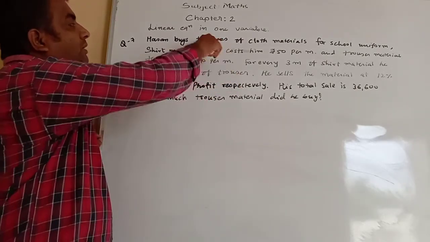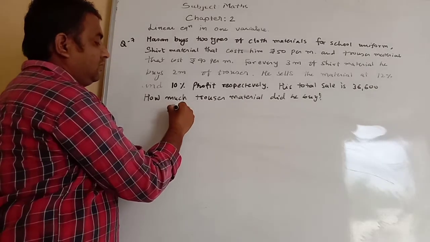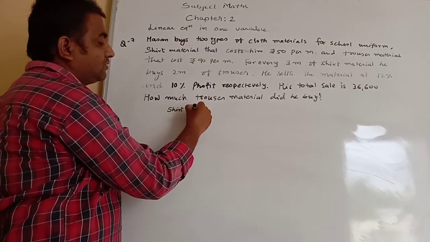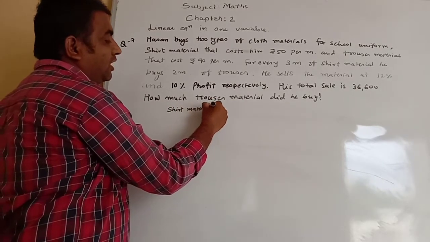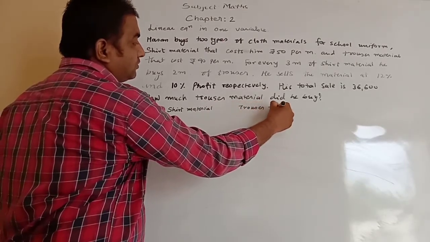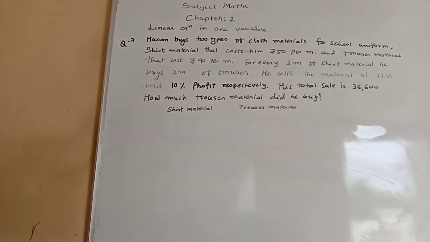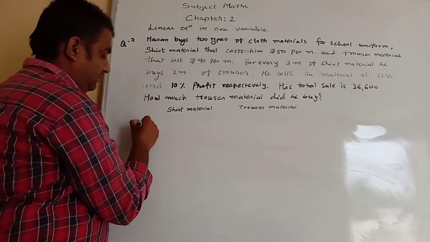So here two types of material are there, shirt material and trouser material. Their cost per meter is given.